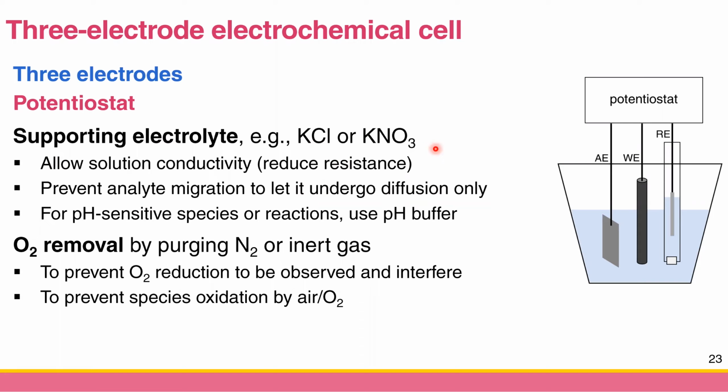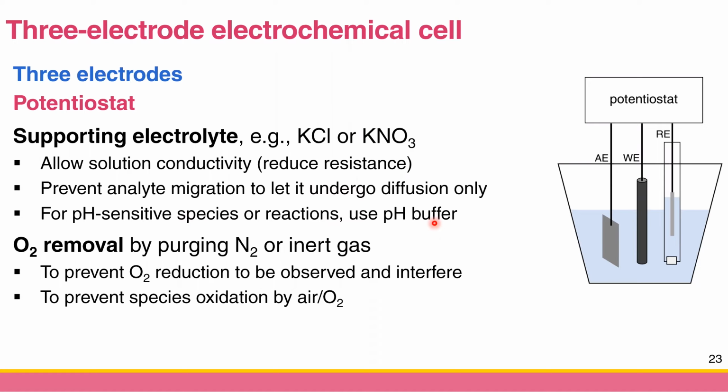And in general, you can use a regular ionic salt. But if you are working with pH sensitive species, for example, if you want to oxidize or reduce ascorbic acid or dopamine, which is pH sensitive, in this case, you must use a pH buffer, maybe a phosphate buffer, right?